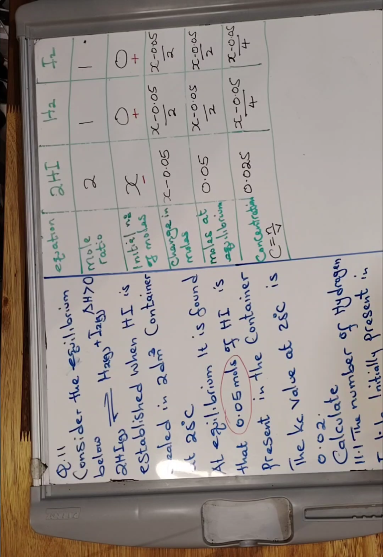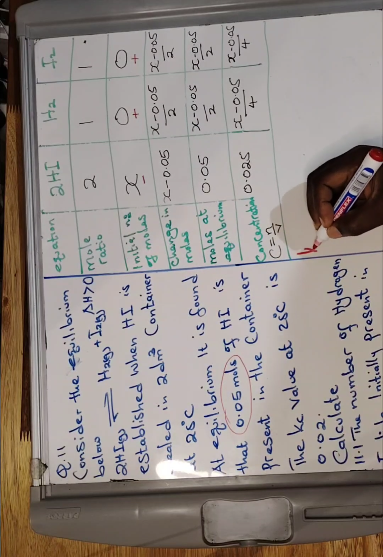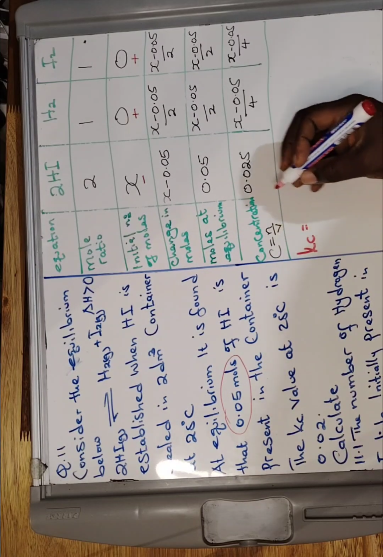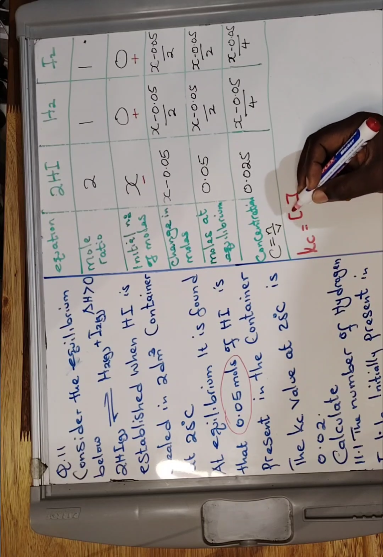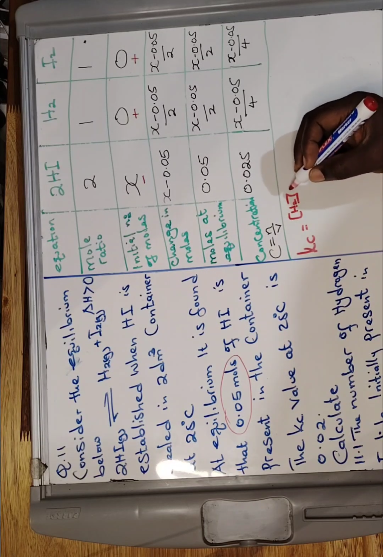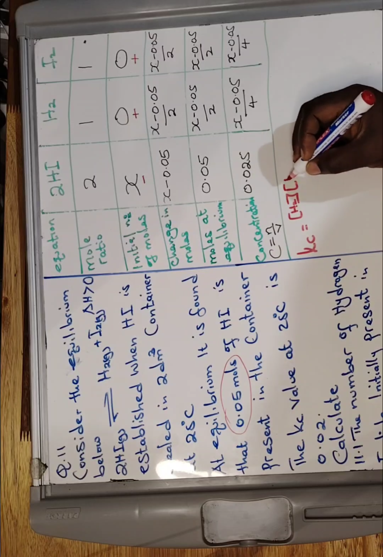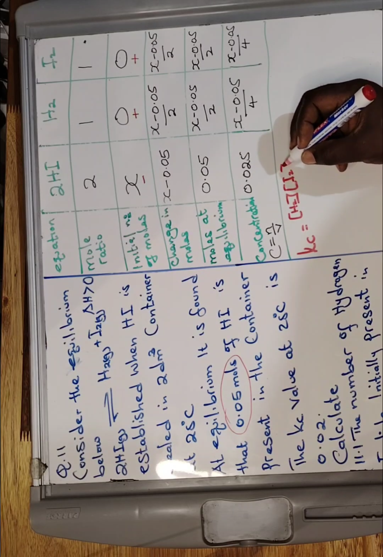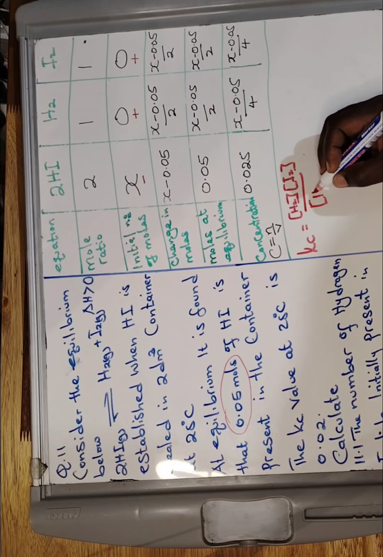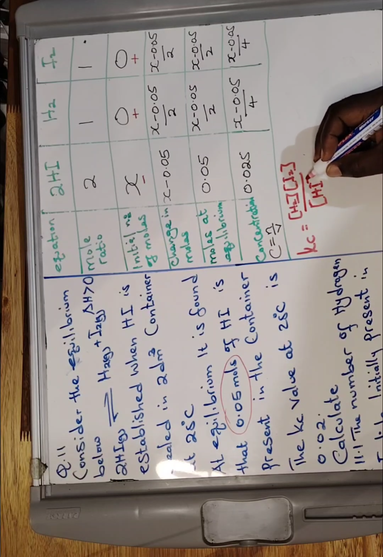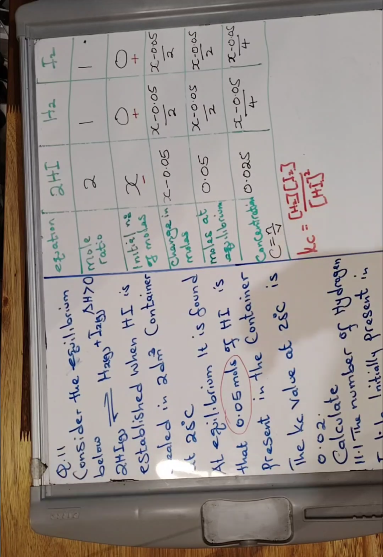The expression is Kc is equal to the concentration of hydrogen into the concentration of iodine, divided by the concentration of hydrogen iodide raised to power 2.